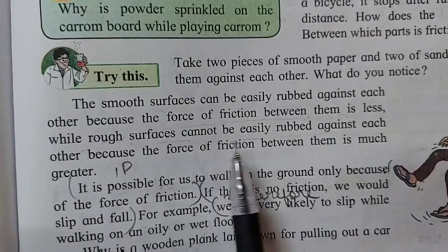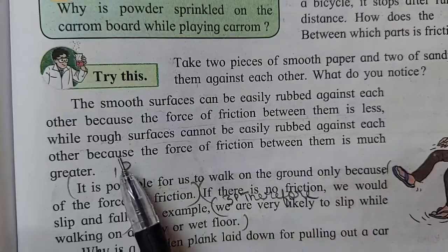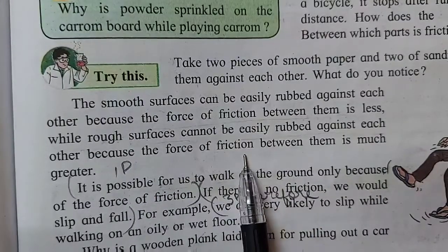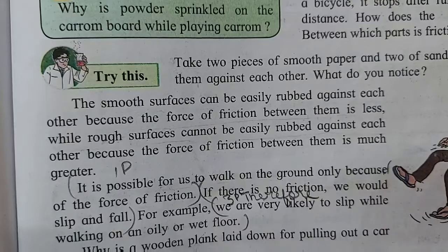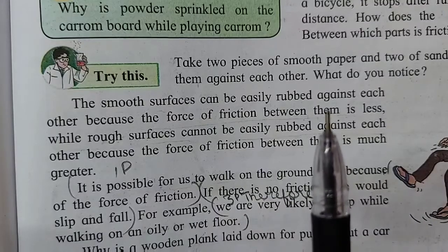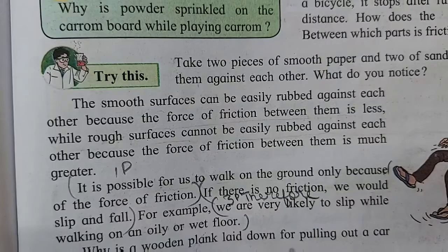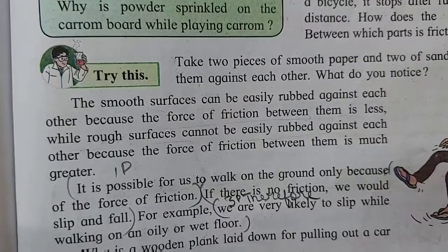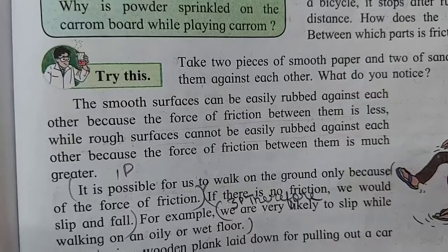Now while rough surfaces cannot be easily rubbed against each other because the force of friction between them is much greater. Now where is the force of friction greater? In the sandpaper. Why? Because it is rough. Understood?